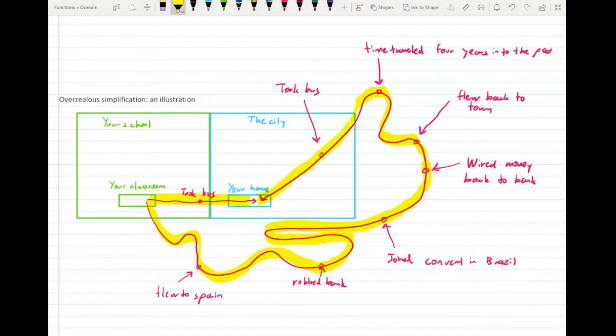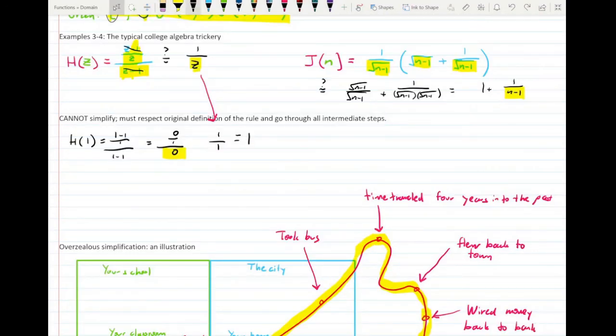Exactly the same way as you would have gotten there if you just took the bus in the first place. Now, obviously, these paths are not the same, even though at a glance they seem to get you to the same destination with the same results, right? One of them obviously breaks things. You've flown to Brazil and robbed a bank. These intermediate steps in h of z, like right here, and in j of n, like right here, are where you rob the bank and fly to Brazil.